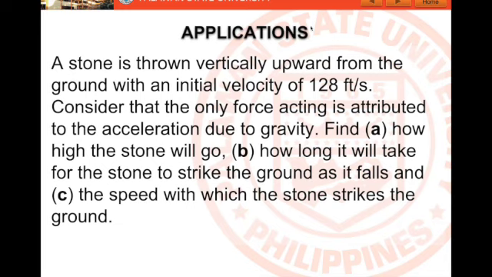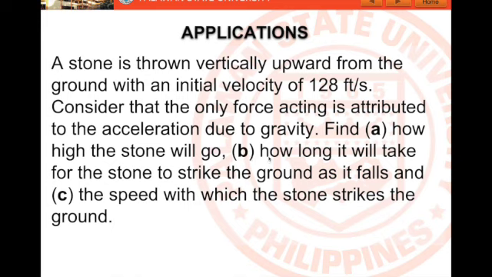We just assume that the only force that will act would be acceleration due to gravity. Since it's opposite the direction, it will slow it down. So until the velocity is zero, what is the distance traveled by the stone? How high will the stone go? I'm trying to discuss here how we will approach the problem. It's better to draw it later to visualize it.